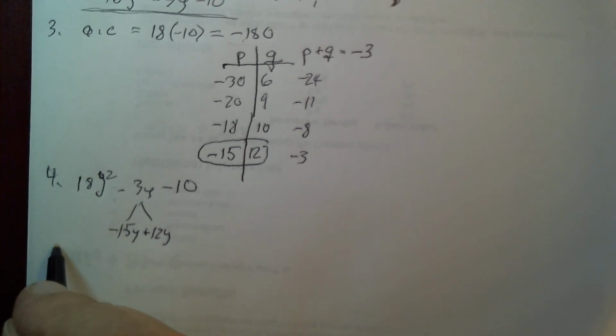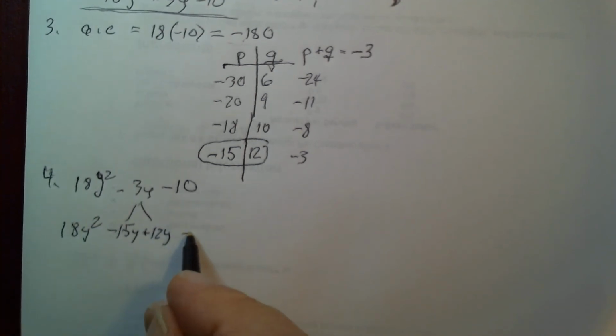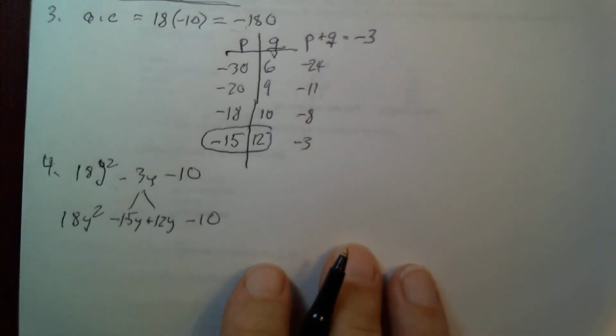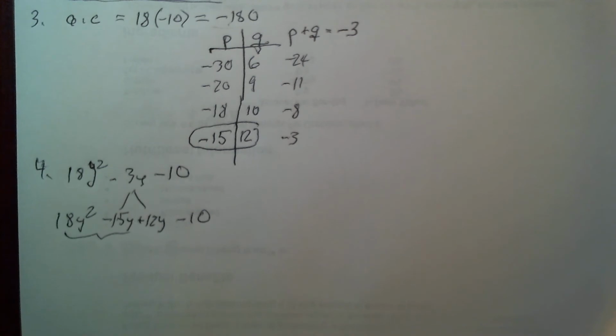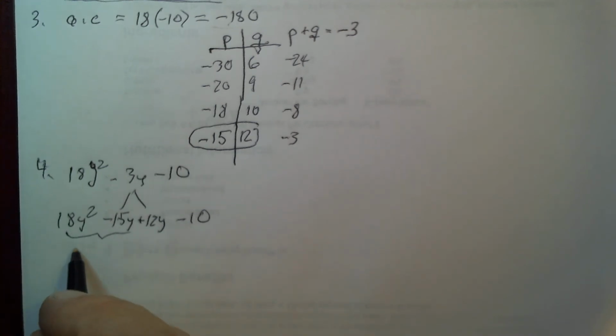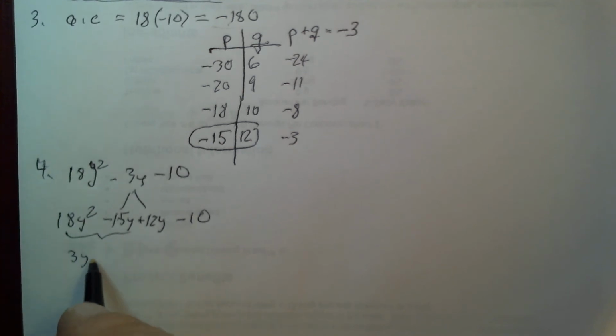And we have our 18y squared here and our minus 10. So now we can factor by grouping. And we can factor out a 3y, the greatest common factor for the first group.